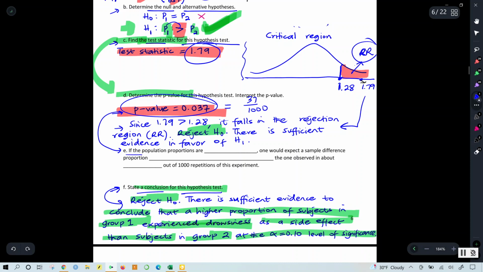So this means that if the population proportions were equal, that is, if the null hypothesis were true, one would expect a sample difference in proportions greater than the one we observed in about 37 out of 1,000 repetitions of this experiment.